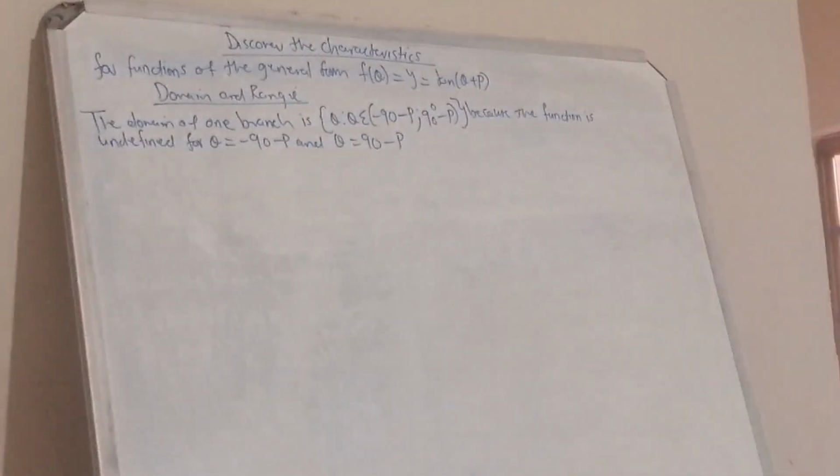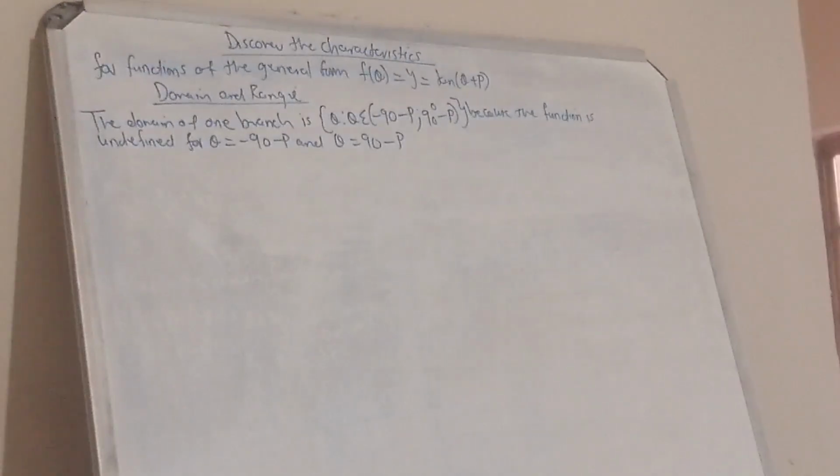This is exactly what we are saying. The domain of one branch is theta such that theta is an element between minus 90 minus p and 90 minus p, because the function is undefined for theta equals minus 90 minus p and theta equals 90 minus p. This is just how you find the domain.